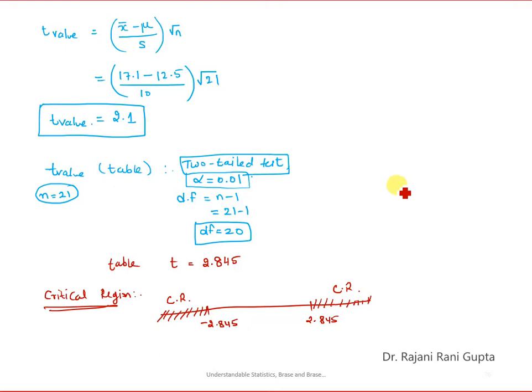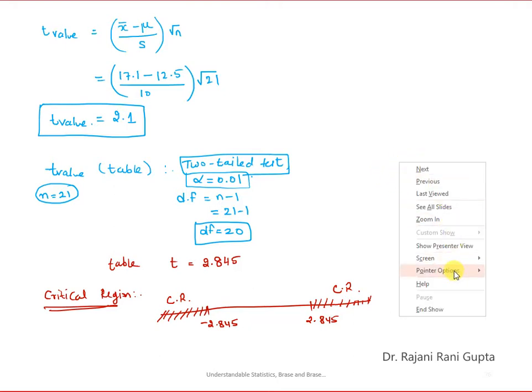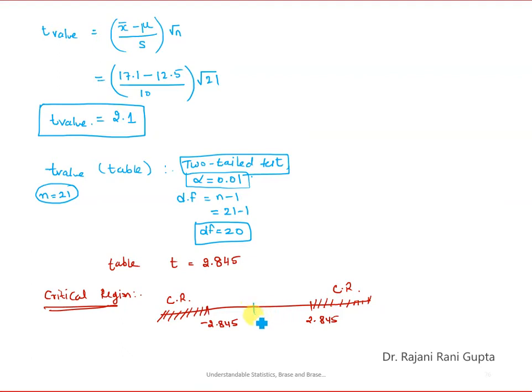Check our value. Our value is 2.1. Now where does 2.1 lie? If this is 0, it will be somewhere here, approximately 2.1. So again, it does not lie in the critical region.